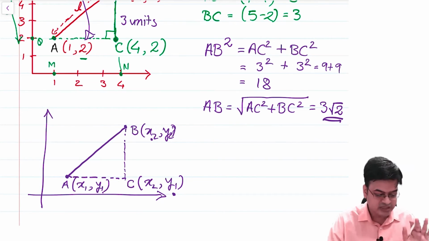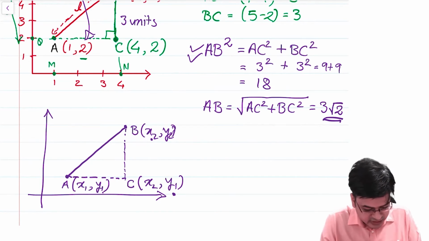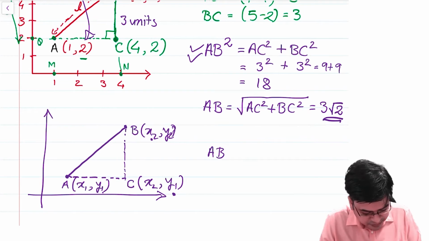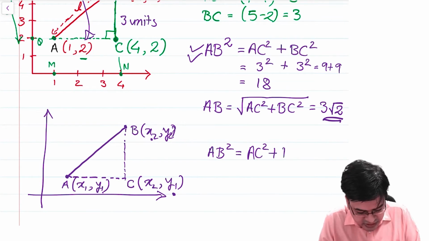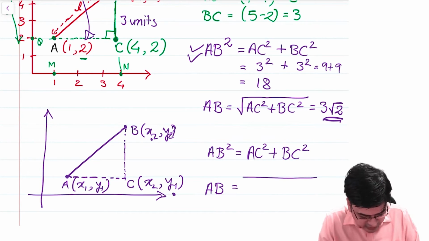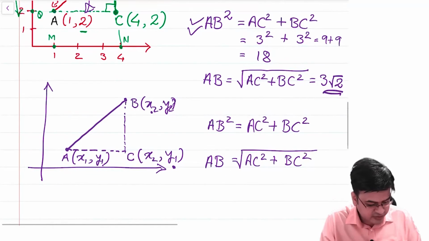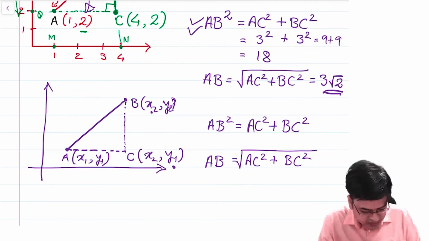Now I have the basic setup. Apply the same formula that you used here, that is AB square is equal to AC square plus BC square. And therefore AB, that is the distance between the 2 points A and B, is the square root of AC square plus BC square. Now you answer the question: what is the length of AC?